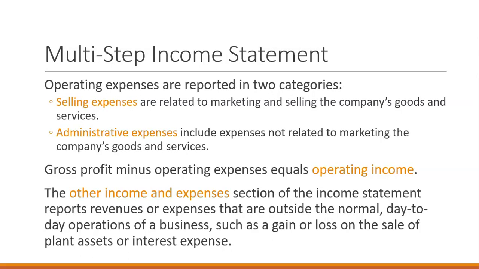Now we have what's called a multi-step income statement. In chapter 3, we expanded on our balance sheet to talk about a classified balance sheet, and now we've expanded our income statement, first by adding cost of goods sold, and now by dividing our operating expenses into 2 categories.